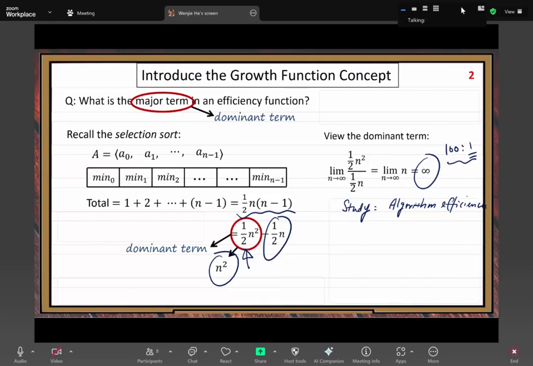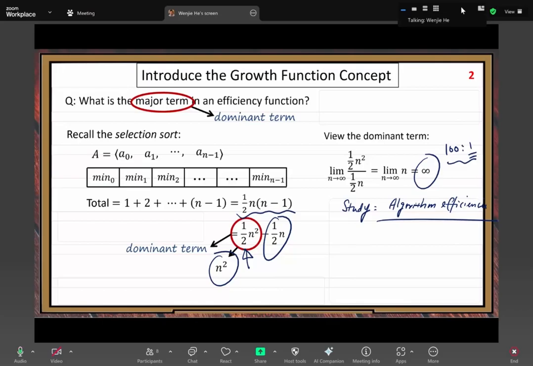But when we study algorithm efficiencies, we need to work on a large number of functions, right? Algorithm efficiencies are represented by their functions, efficiency functions.